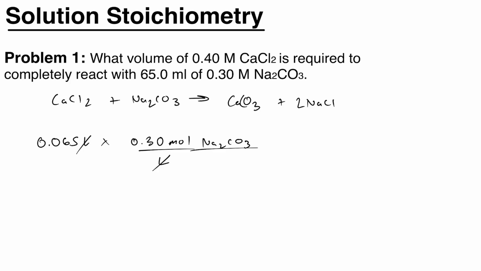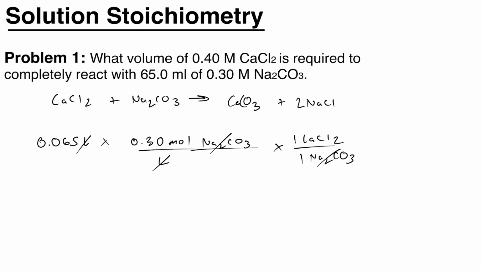And then from here, we're going to convert it to CaCl2 using a conversion factor from our equation. And when looking at the equation, CaCl2 and Na2CO3 both have 1 mole. So it's essentially like we're doing nothing, but we can still write it out. Now from here, the moles of Na2CO3 cancel and we're left with moles of CaCl2 on the top.